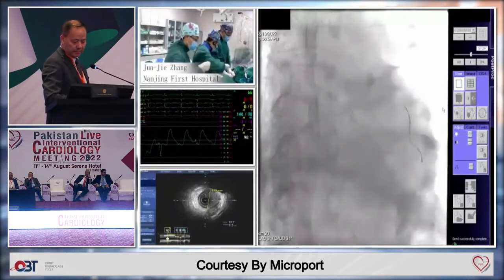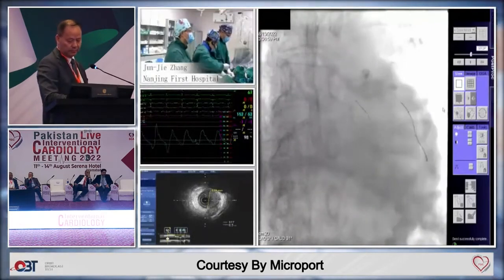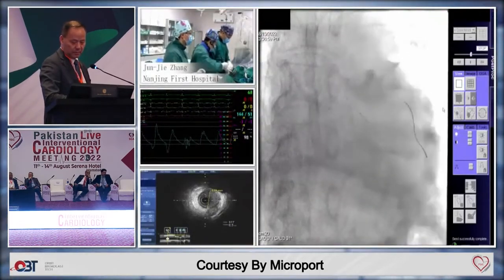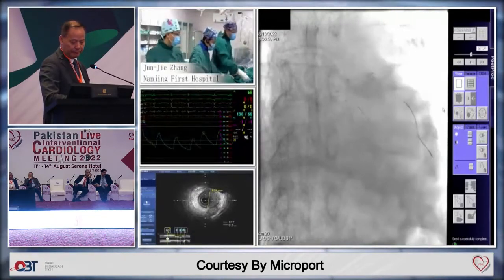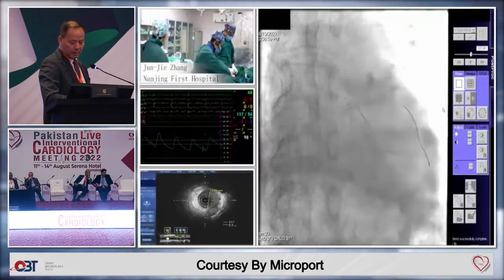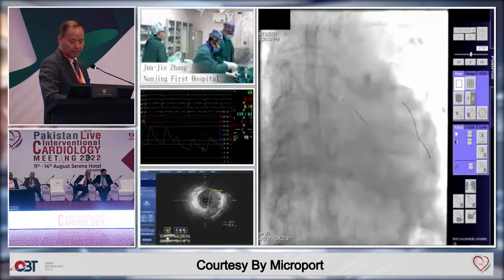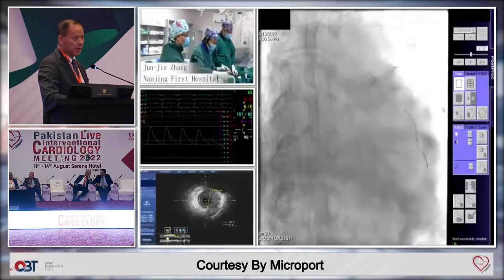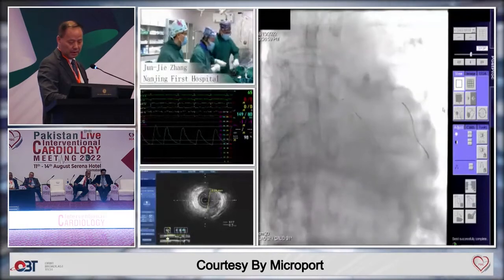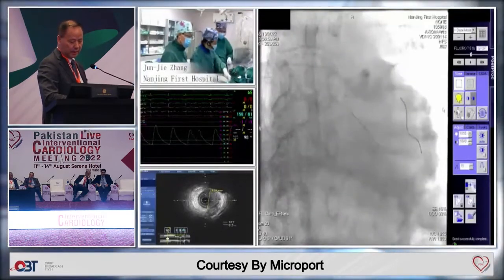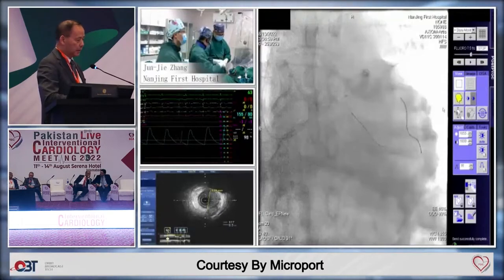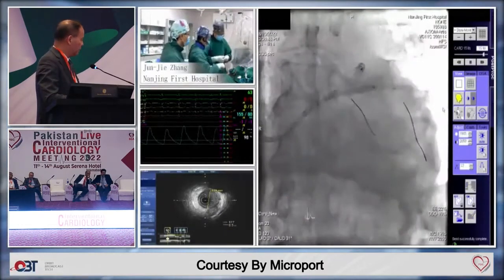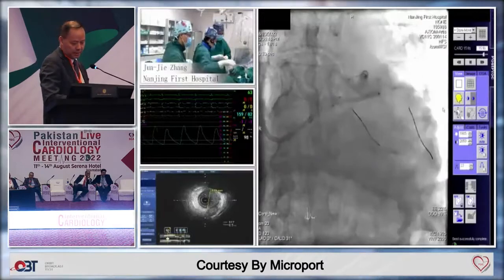So, Prof, I would like to use the 3.0 NC balloon to do the side branch optimization, considering the ostial circumflex is a large vessel. Yeah, I think so. According to the IVUS, the proximal circumflex looks like 3.5. Is that correct? 3.5. Yes. So they use the 2.75 stent according to the distal diameter of the obtuse marginal, which could be very undersized for the proximal circ.